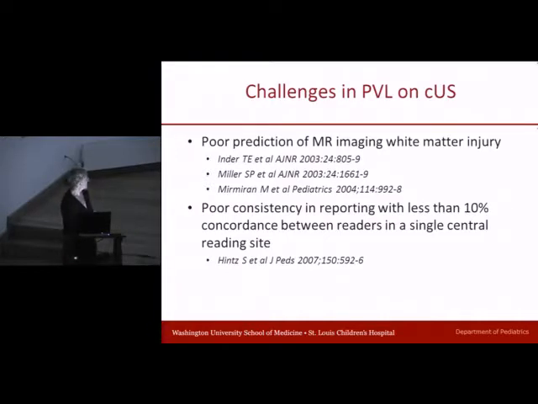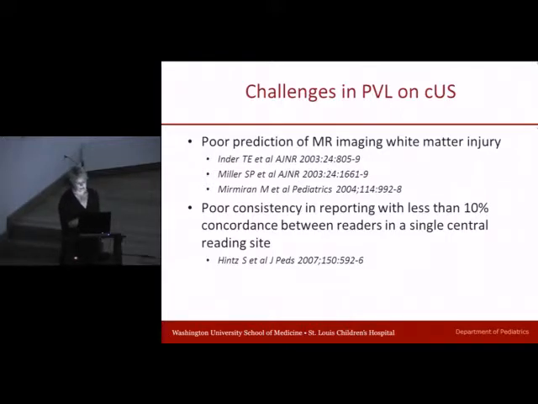Well, we and others have studied these for a long time, and we did find in our own clinical practice that abnormalities on ultrasound within the white matter were not very predictive of what we then went on to find on MRI, and many other groups have published this too.